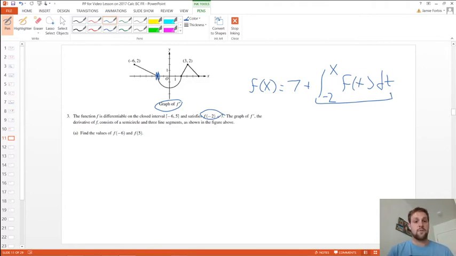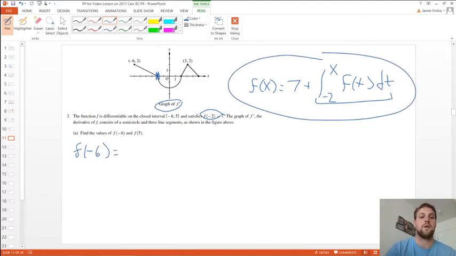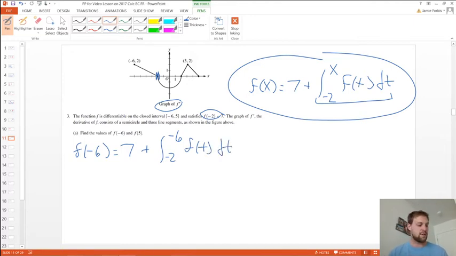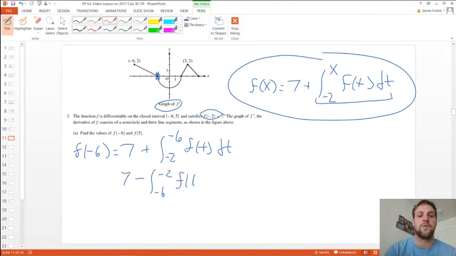It says find the values of f of -6 and f of 5. So f of -6 equals, and I'm just going to use this bad boy I came up with up here, 7 plus the integral from -2 to -6 of f of t dt. And remember, that's just the area under the curve from -2 to -6. And because it's got a bigger number on the bottom of the integral, I'm going to go ahead and change it to 7 minus the integral from -6 to -2 of f of t dt, because it's like we're working backwards, right?